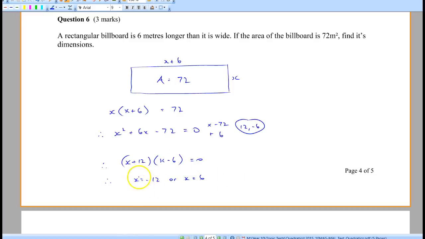Now x can't be equal to minus 12 because it's a length. So x is equal to 6, and make sure we answer the question, find its dimensions. So therefore, width equals 6, and length equals 12 meters. And that answers my question.